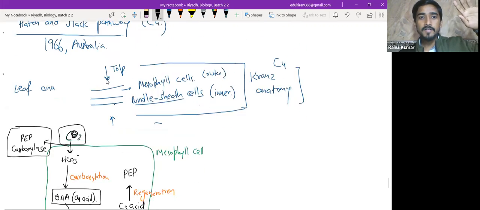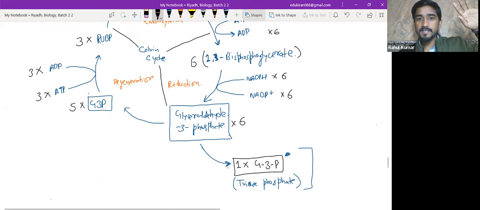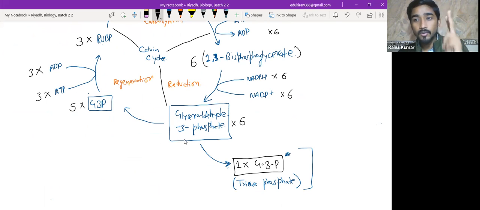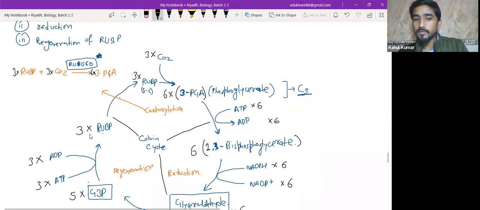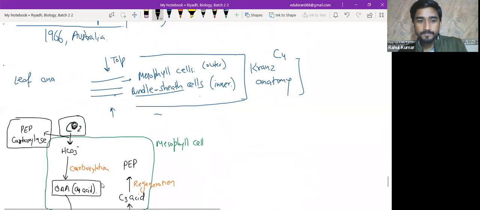So everything that we have studied above, this part, C3, this part is happening, correct? And we ensured that glucose is made, and that Rubisco is also made, because Rubisco is there in this small box.